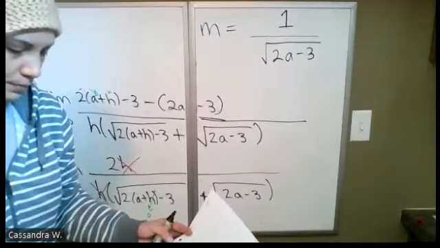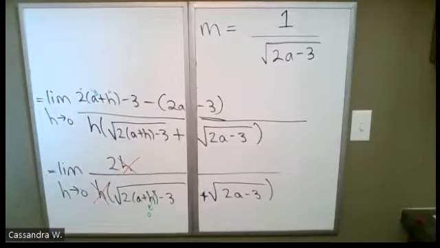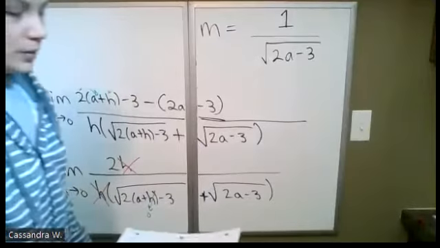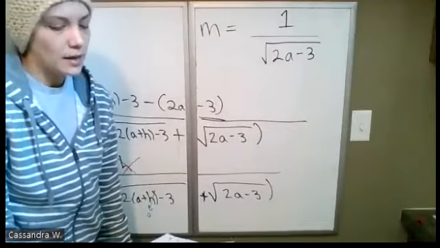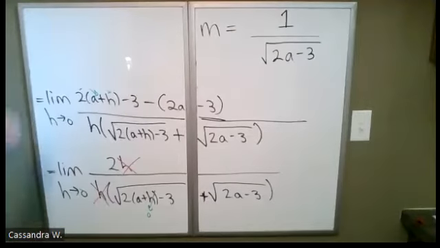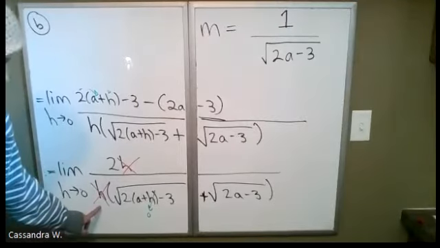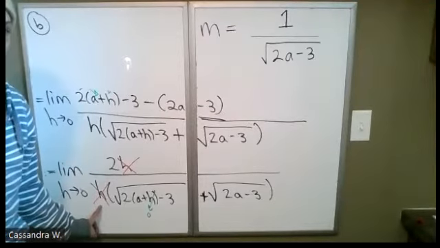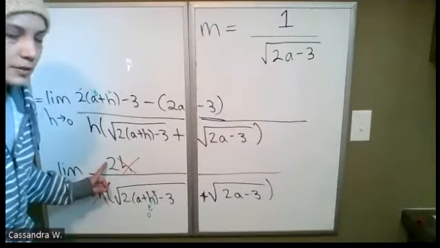Okay, for part B, we will find the equation of the tangent line at x equals 2. Wait, by the way, how did it end up with square root of 2a minus 3? Through some scratch work right here. So these h's reduce.